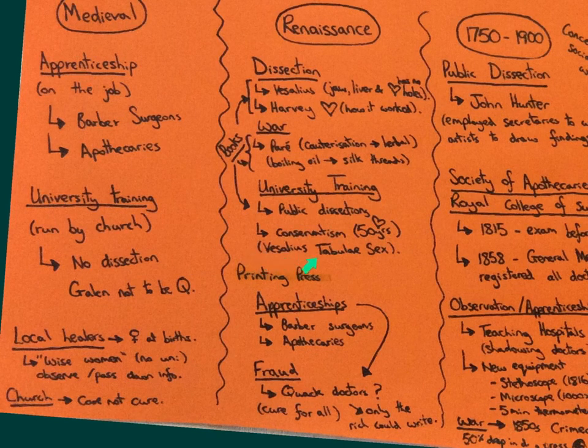In fact, Vesalius is a really good example of conservatism in universities. So Vesalius was doing dissections on human bodies, and obviously when he did that, he discovered that Galen had made a number of mistakes on things like the liver and the human jaw. And yet his earliest works show the liver exactly as Galen had described it in one of the drawings that he created called the Tabulae Sex.